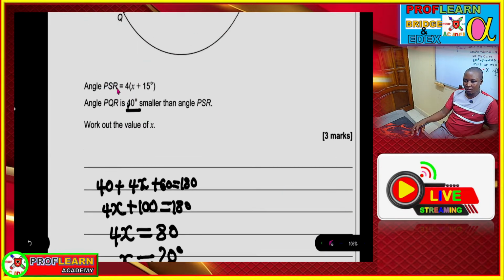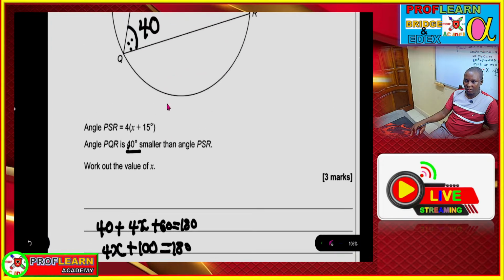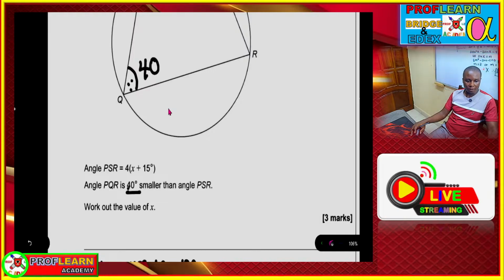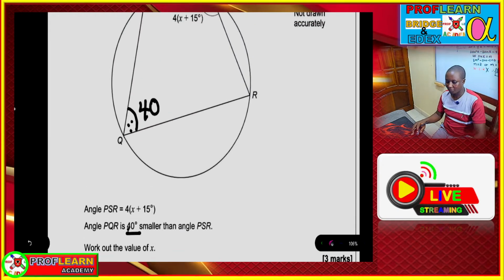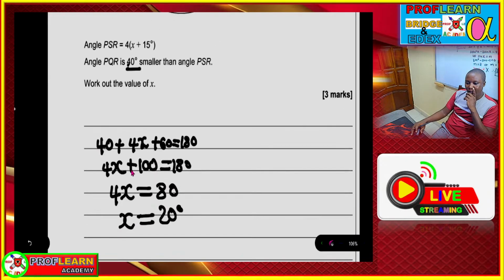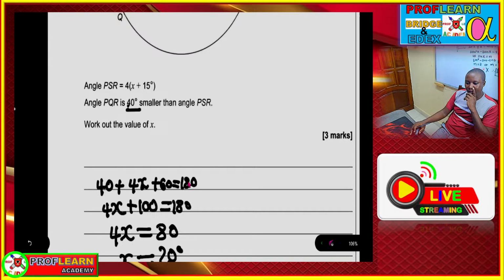This is 60 plus 40. Then there could be a crisis somewhere. 4x. 40 plus 4x plus 60 is equals to 180.